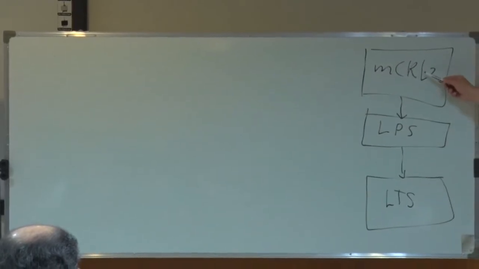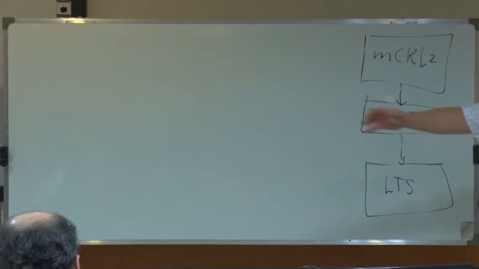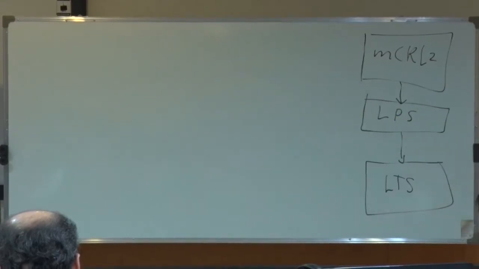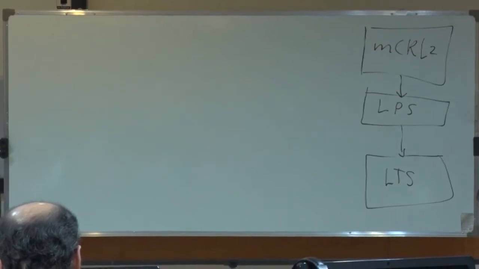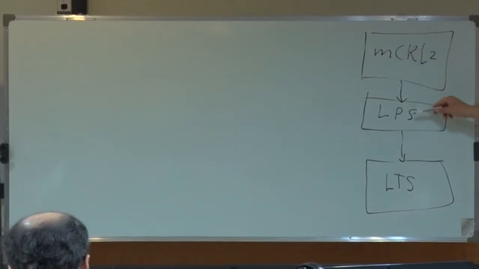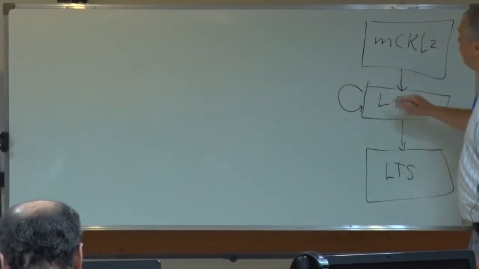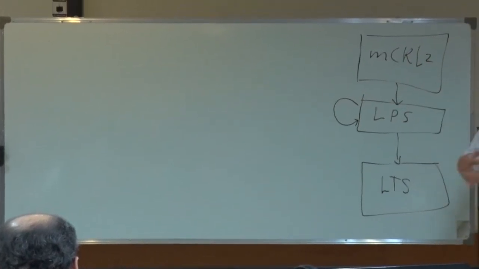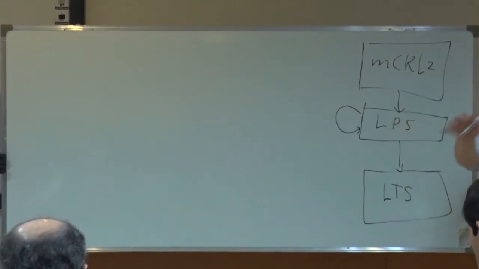So if we just would generate a label transition system out of an mCRL2 specification, then we would have something which sometimes is really very, very huge. And what we rather do is we translate it first to this normal form, then optimize this normal form, do all kinds of things with it. That's a topic that I will not treat, but it is in the book, and I passed the book around, so the book is somewhere here.